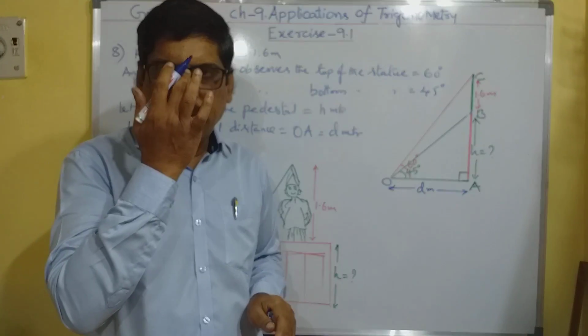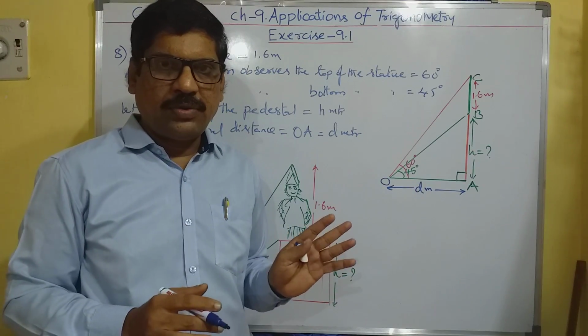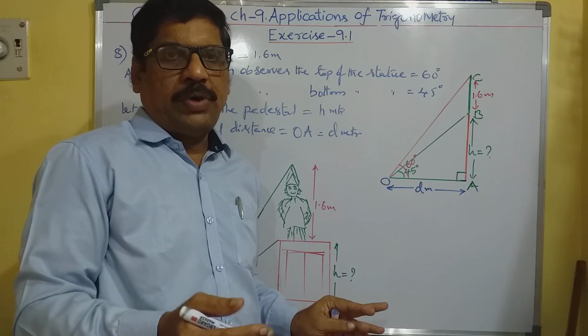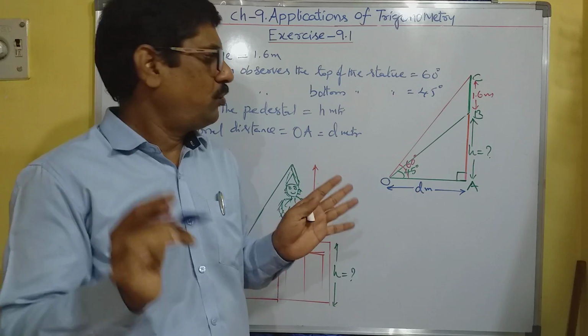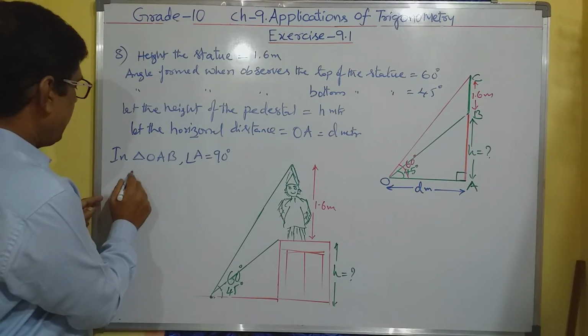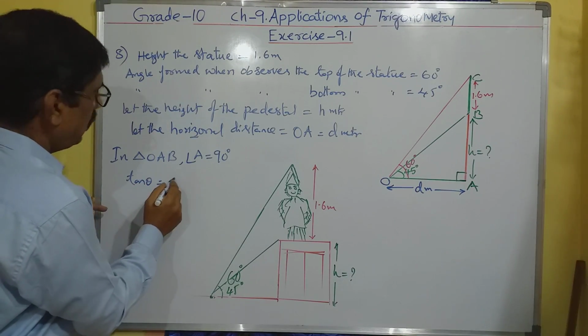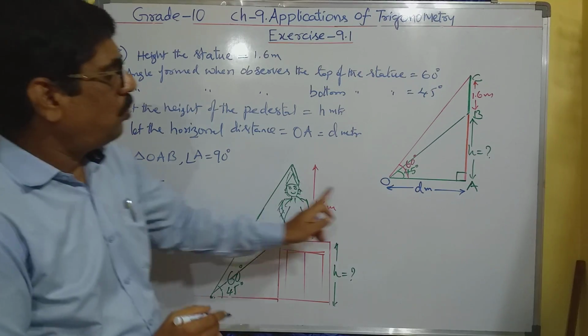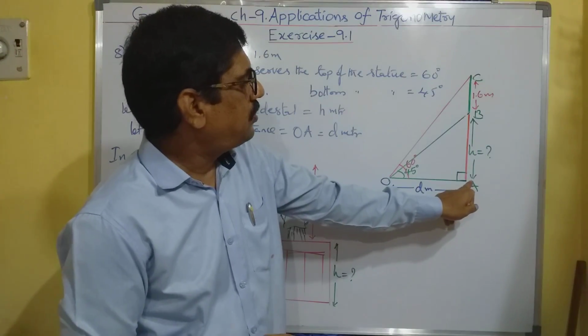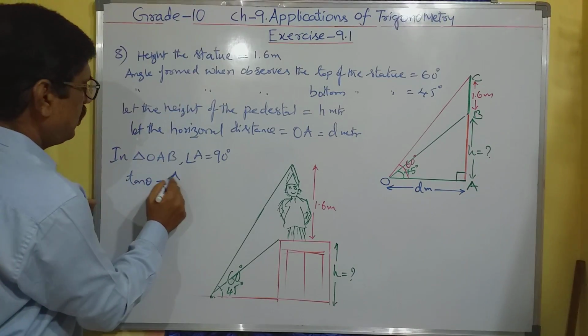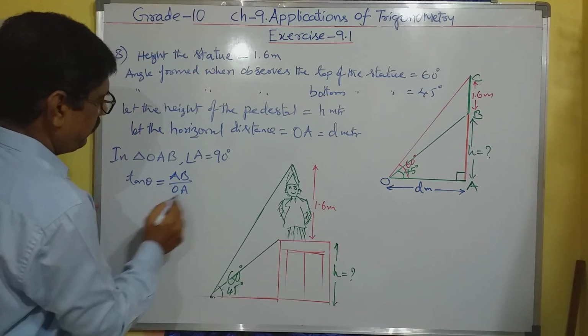So whenever the hypotenuse is not involved in the problem, either it is known value or unknown value, we can go with the tan. So let us take tan. Tan theta is equal to, what is the opposite side in the triangle OAB as per this angle? AB, adjacent side is OA, so AB by OA.